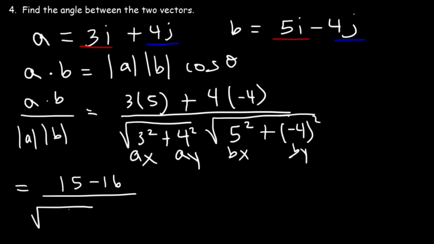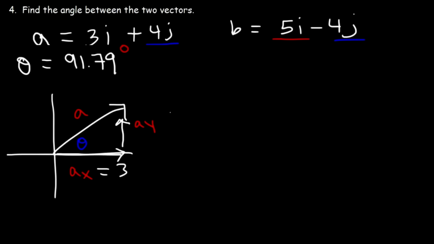It turns out that there's another way to get the same answer. And let's go ahead and use that technique. So first, let's go ahead and plot the vectors. Vector A is in quadrant 1. This is the magnitude of vector A. And if we turn this into a triangle, this is going to be the x component, and this is the y component. We need to find the angle theta. AX is 3, AY is 4. To find the angle theta, you can use this equation.